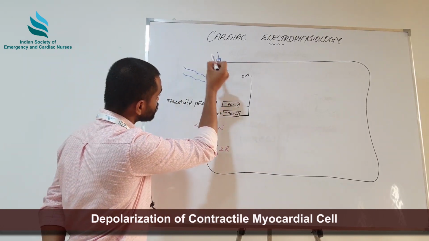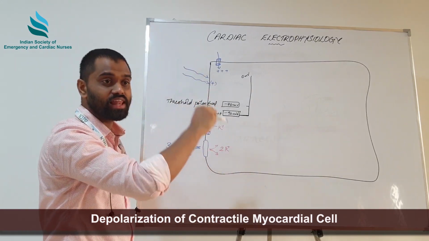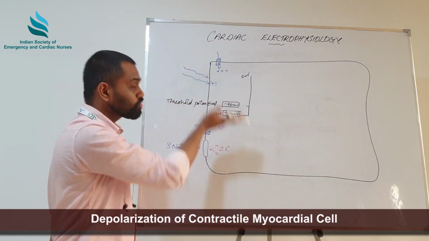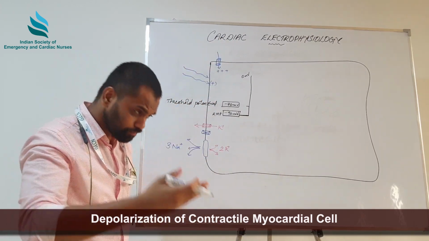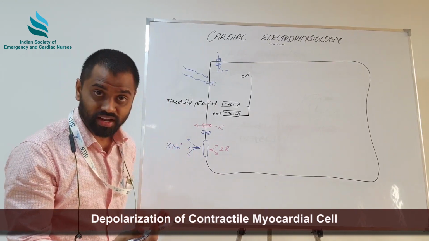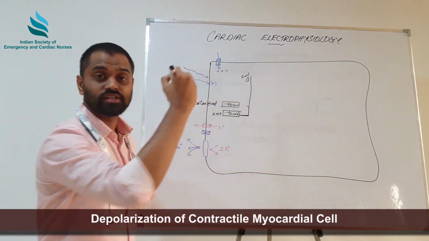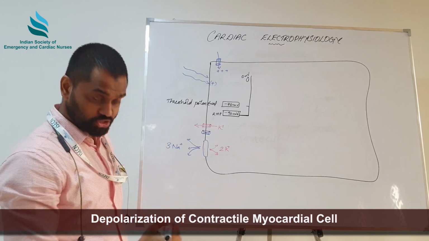As the voltage gated sodium channels open, cations are loaded into the cell and the cell moves towards a positive voltage state, moving away from the polarized state. We call it depolarization. So this is phase 0 of depolarization, or phase 0 of the action potential.